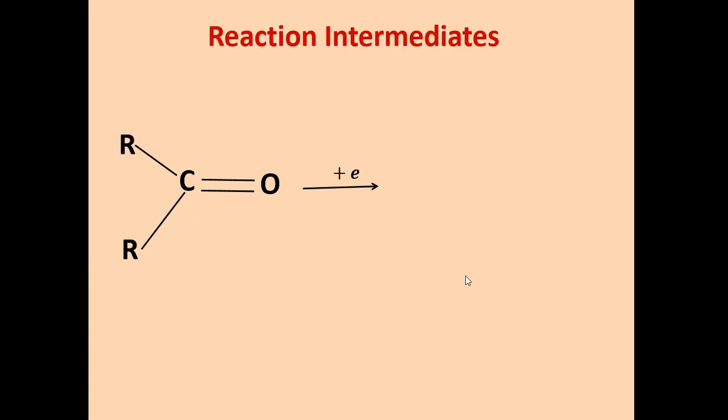It will remain as an odd electron over the carbon atom. So this system contains an odd electron over the carbon atom, and so it is a free radical. It has a negative charge over oxygen, and so it is an anion, and so this is an anion radical.